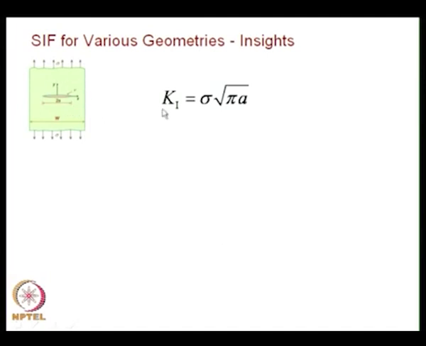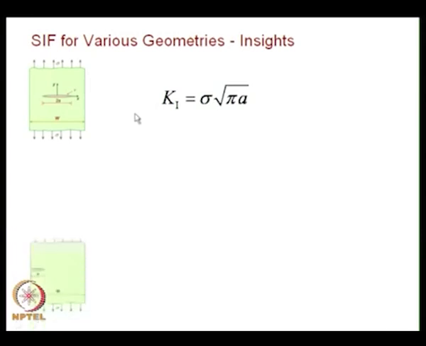And when you have a center crack, we had looked at in an infinite plate, it is K1 equal to sigma root pi a. For a finite plate, you will have a function of a by W. It may be a by W or 2a by W depending on how the result is reported.